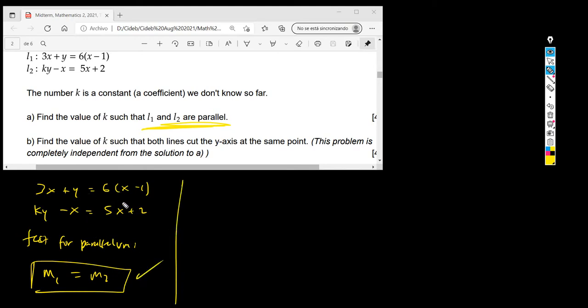So let's investigate the slopes of these two lines. How do I do that? I'm going to put each of these two equations into the slope-intercept form, because that form will tell me the slope of each individual line. This is L1, this is L2.